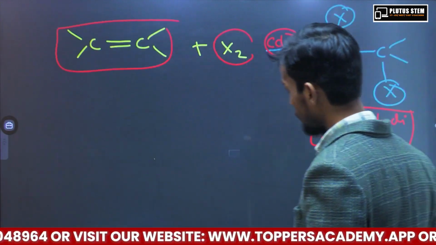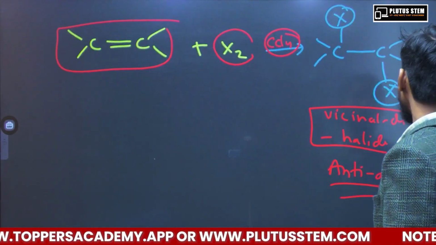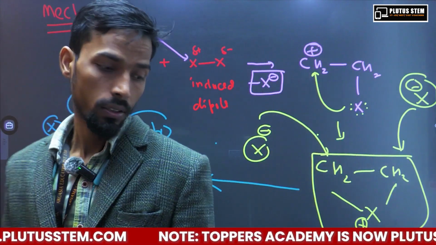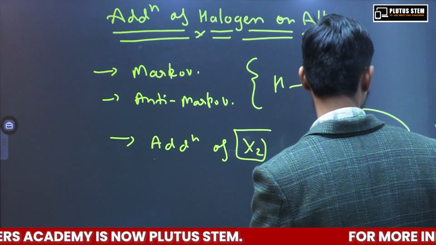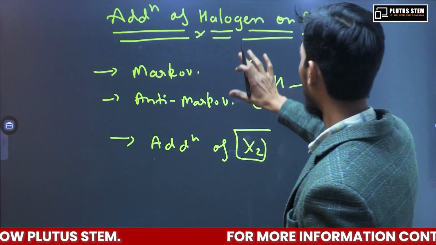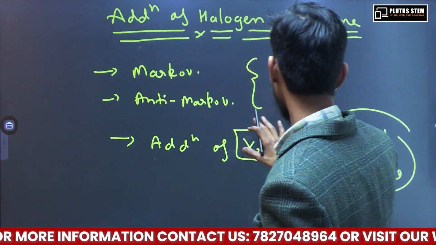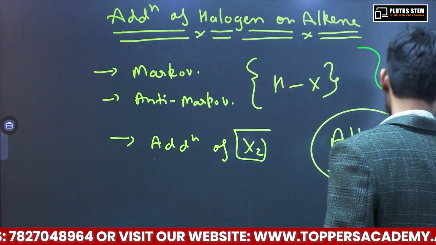So these are the two name reactions which I have discussed in today's lecture, and the rest is about the allylic carbon position, how this addition is taking place at the allylic carbon. Now if you need a quick revision, we have discussed addition of halogen on alkene to prepare alkyl halide. That was the previous class.